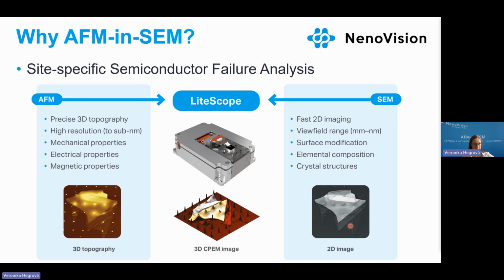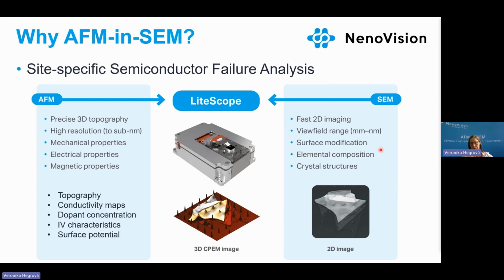So as these techniques use different principles of operation, we can combine different information from high-resolution 3D topography, for instance, electrical properties, combined together with fast 2D imaging with very diverse view field ranges, and modify the surface, for instance.